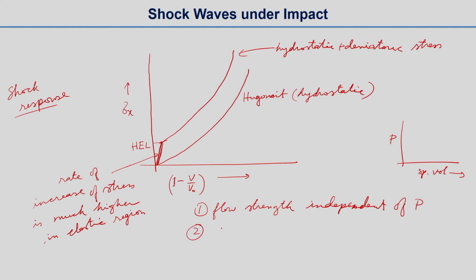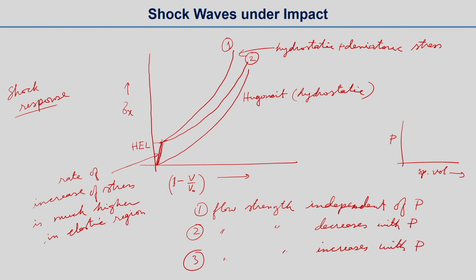And then the second case is the flow strength of the material decreases with P. So this curve can look like this. So if this is number 1 and this is number 2, number 3 is the flow strength of the material increases with pressure. So this can be something like this. Those are the 3 different cases, we can draw them like this.